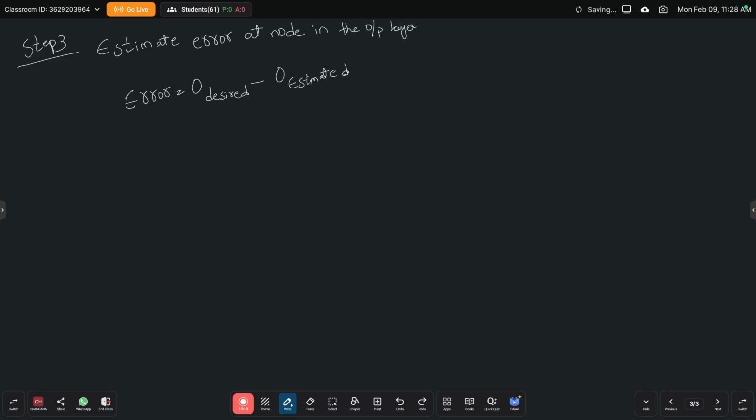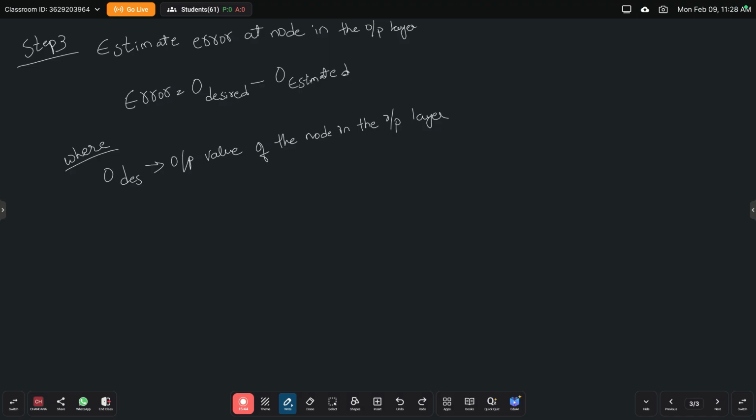Next, here I am writing what O desired and O estimated are. Where O desired is the output value of the node in the output layer.